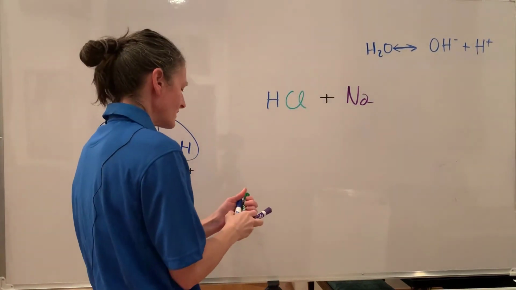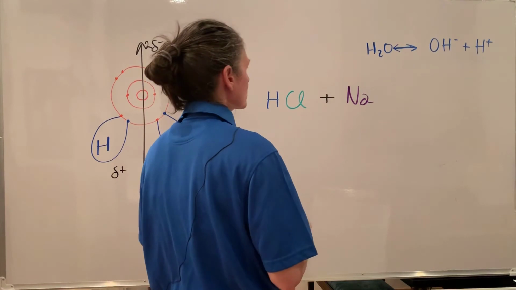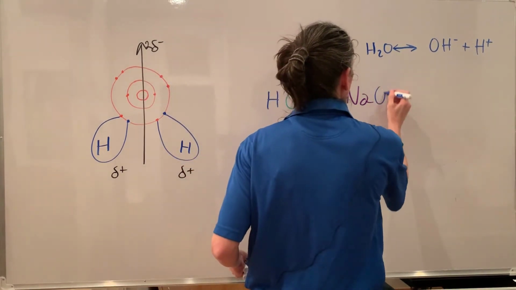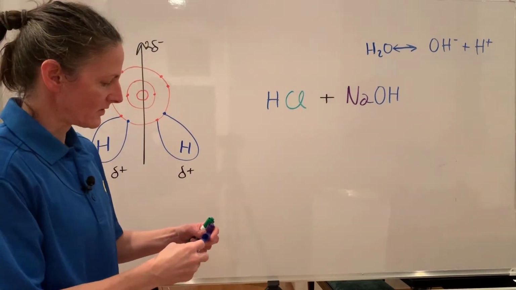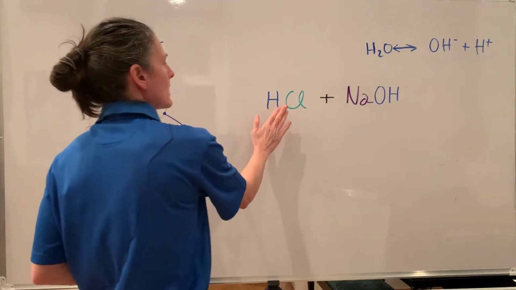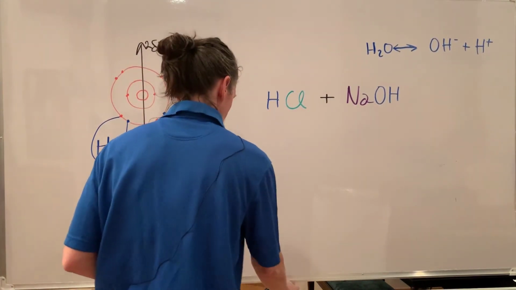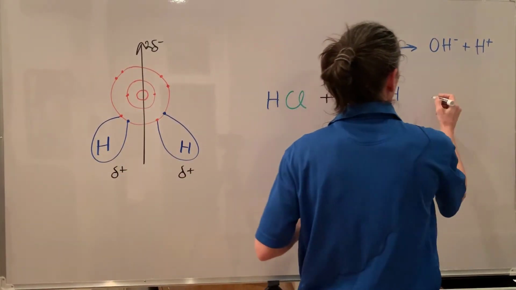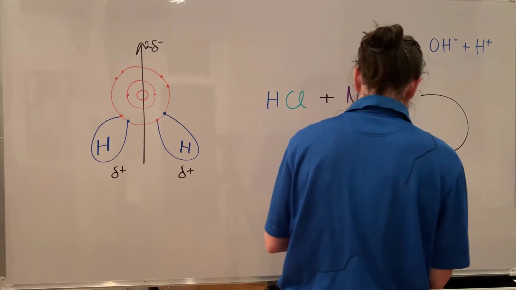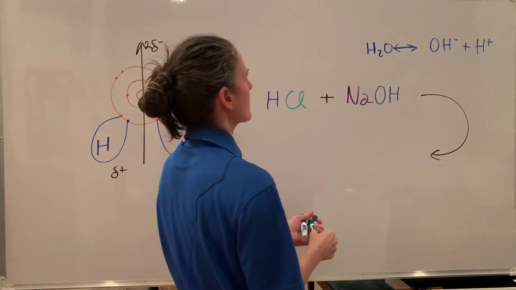But since we're not doing this in the lab, I'll just simply write it out on the board. Fortunately, we don't have to worry about having a mess. So if we mix hydrochloric acid with sodium hydroxide, we would find, running out of board space here, that these things would dissociate completely.